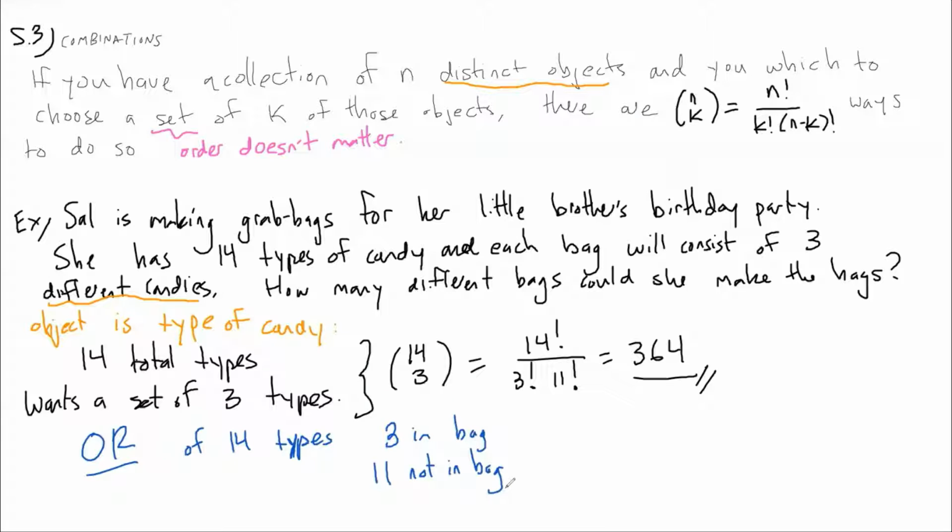So if we've got these 14 types, we can think of them as our choices of whether something is in the bag or out of the bag. How do we arrange the in-bag and the not-in-bag across those 14 types?